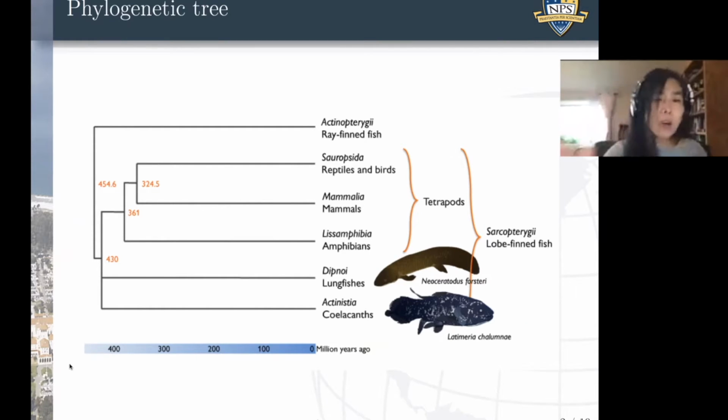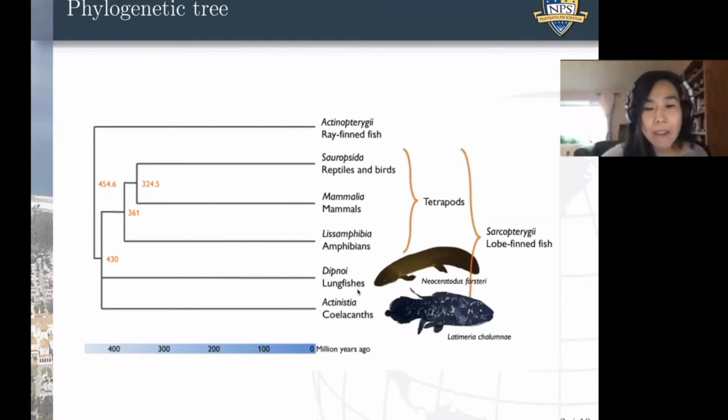So biologists really want to understand how our ancestors migrated from ocean to land. Okay, so the tetrapods, you see this. They are basically land-living things, something like lizards, or mammals like mice or whatever.